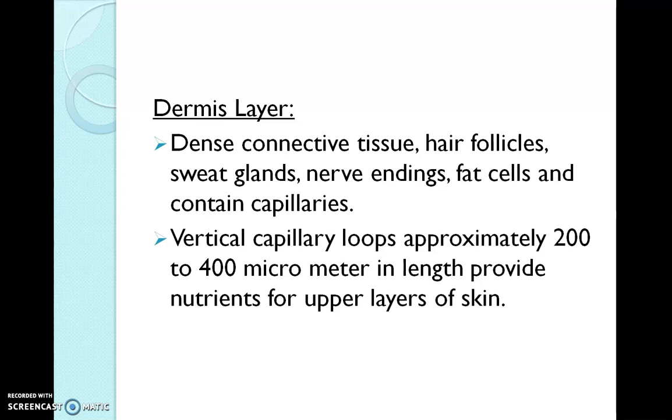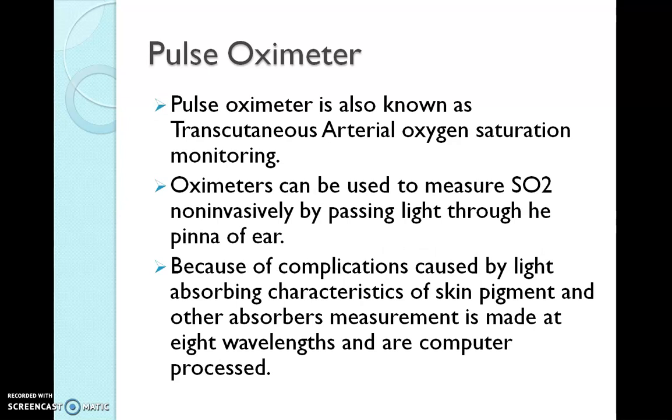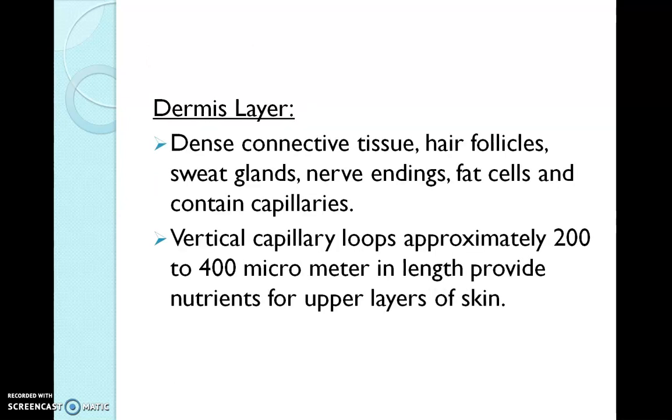Blood is supplied to these capillaries by arterioles that form a flat network parallel to the surface of the skin below the dermis. Venous blood in the skin is drained by venules in the upper and middle dermis and by larger veins in the subcutaneous tissue.